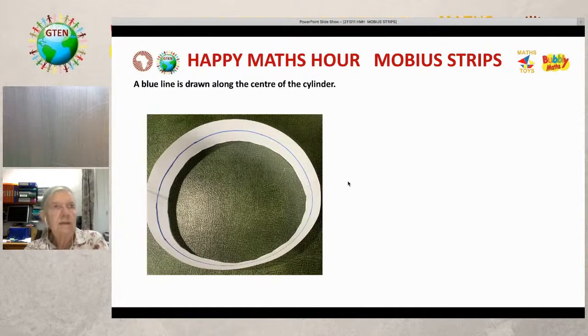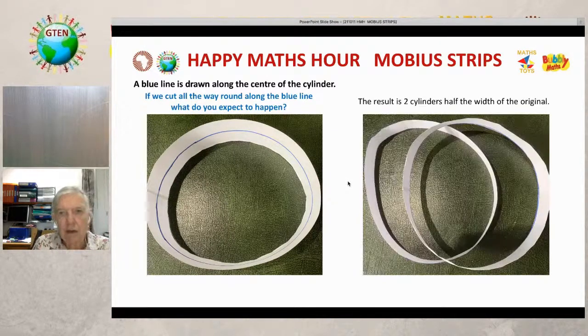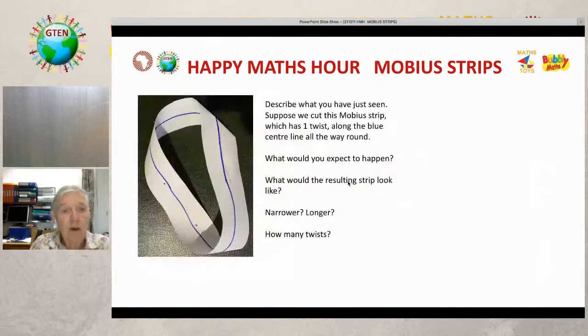So, recapping on that: if the blue line is drawn along the center of the cylinder, as Caroline has just shown us, what we get is 2 cylinders, half the width of the original. That's what happens there. And if we do something similar with a Mobius strip, we describe what we've just seen, what we expected to happen.